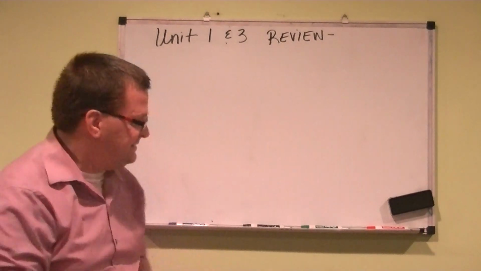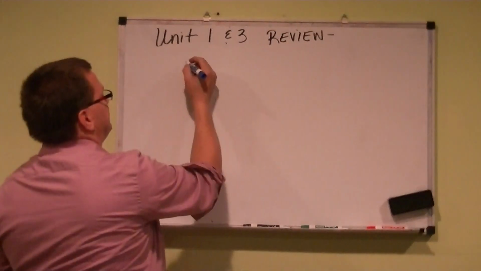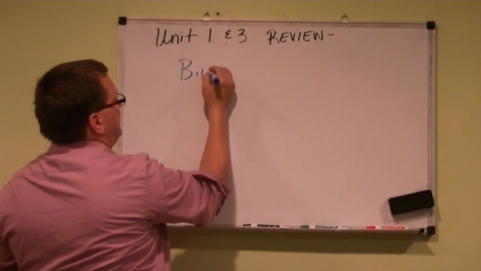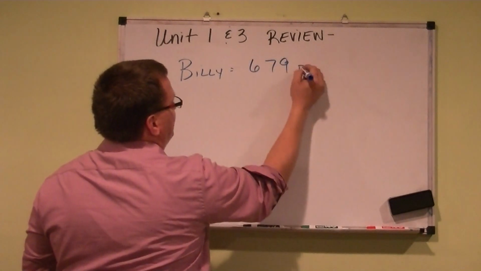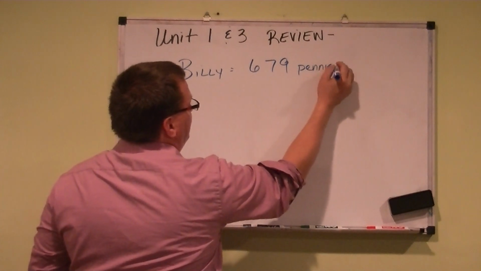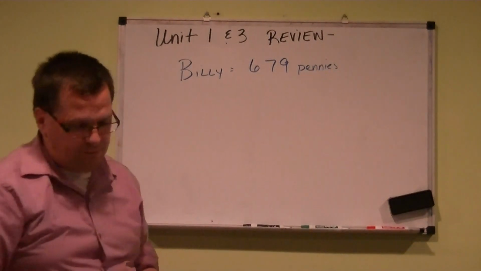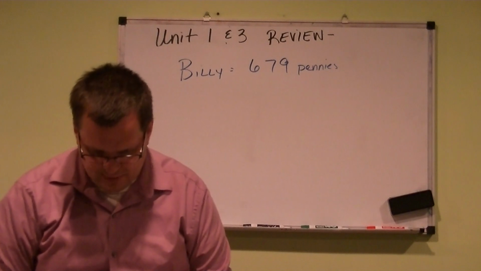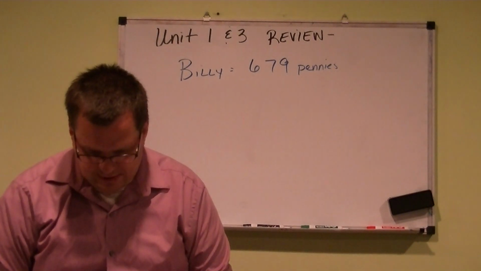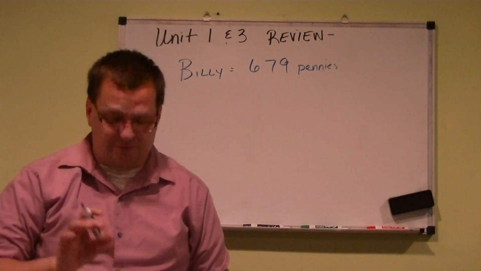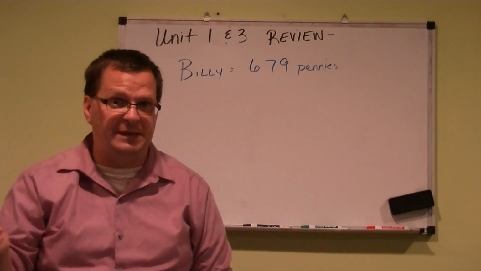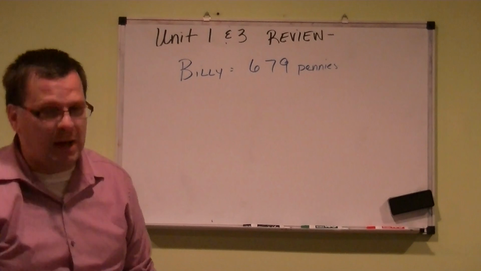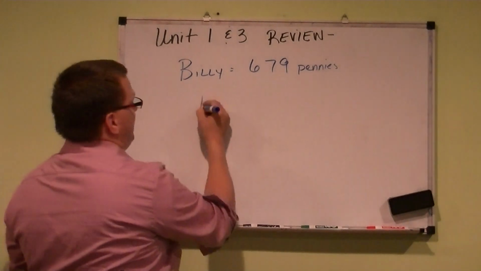It says Billy has 679 pennies. But we're not looking for Billy, we're looking for Lee. And it says he, Billy, has 278 more than Lee. So we want to know how many does Lee have.